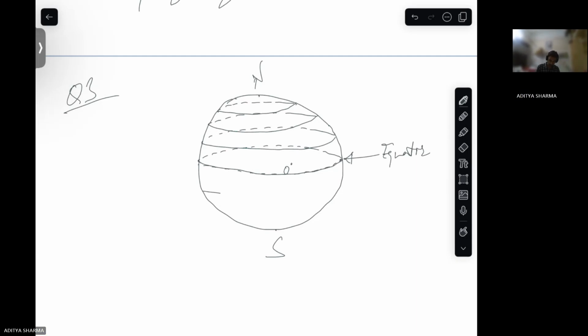Let me draw one more here. So this is, let's say, Tropic of Cancer, and this is your Tropic of Capricorn.